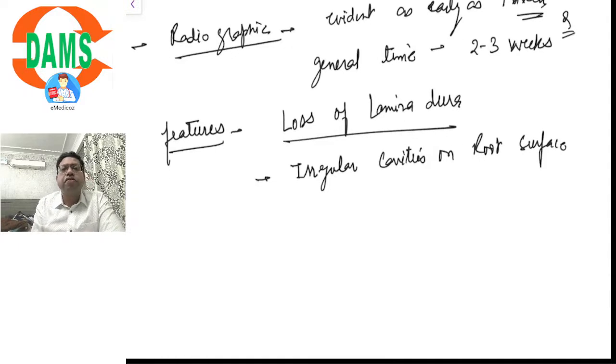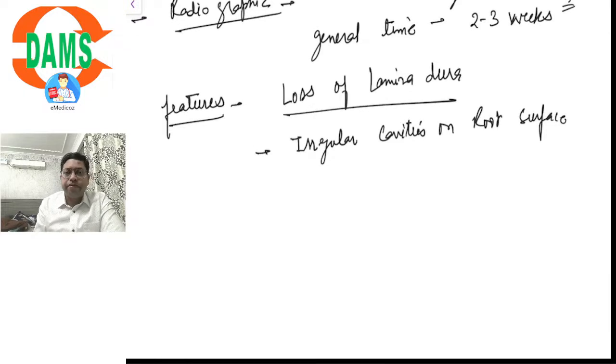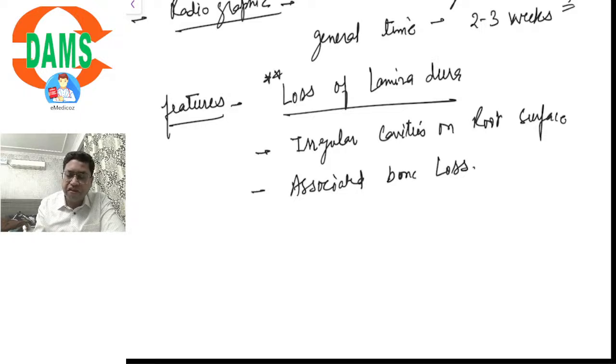We know that there is resorption of the root, and that resorption is saucer-shaped irregular resorption, which is called Howship's lacunae. And there can be associated bone loss, if the lesion progresses. But one of the most conspicuous signs evident initially is loss of lamina dura. Complete loss of lamina dura happens in the areas of external inflammatory resorption.